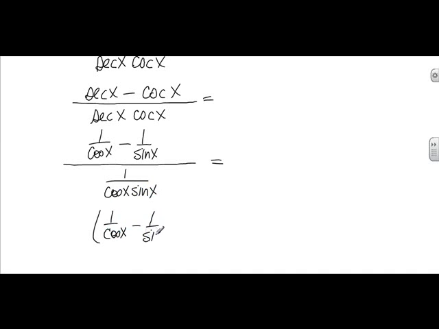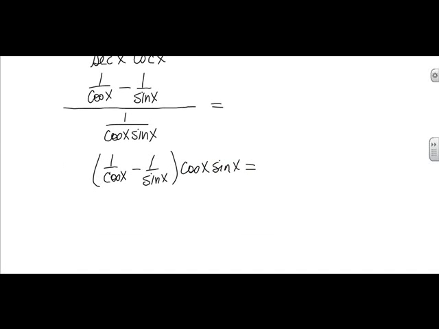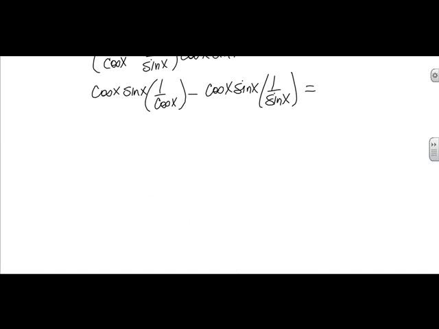Now distributing, cosine of x, sine of x gets multiplied by 1 over cosine, and cosine of x, sine of x gets multiplied by 1 over sine. Reduce where you can, and we are left with sine of x minus cosine of x. And I really hope that's what I was supposed to get. Yes.